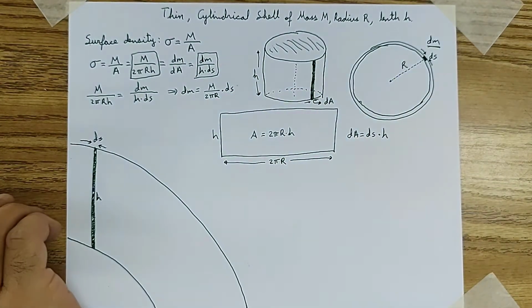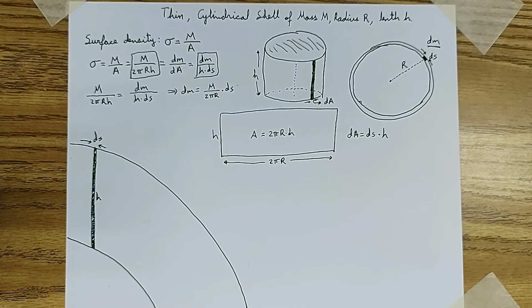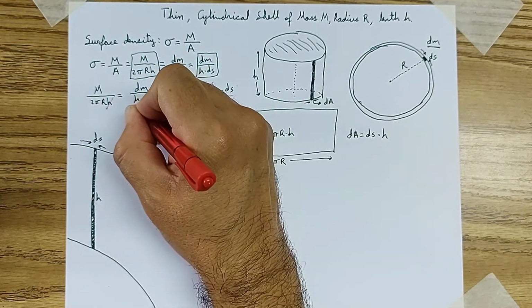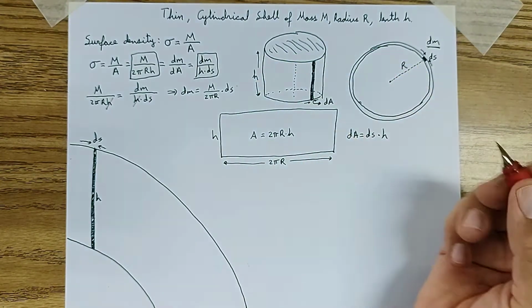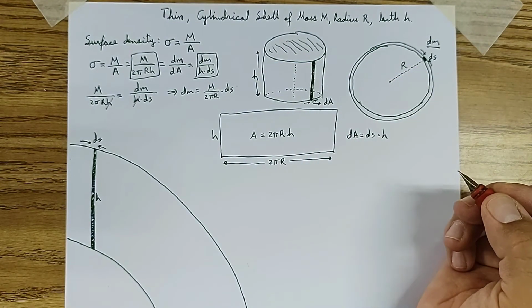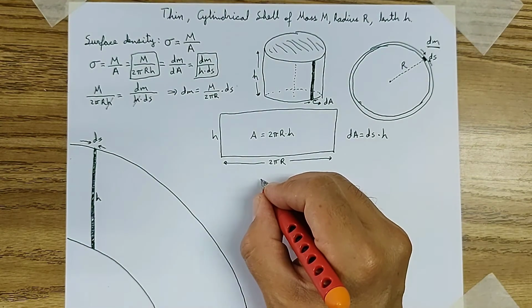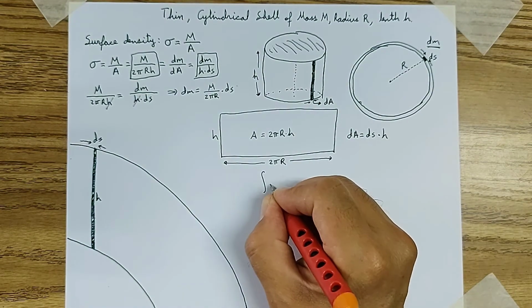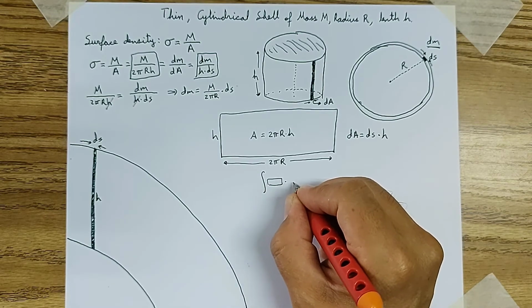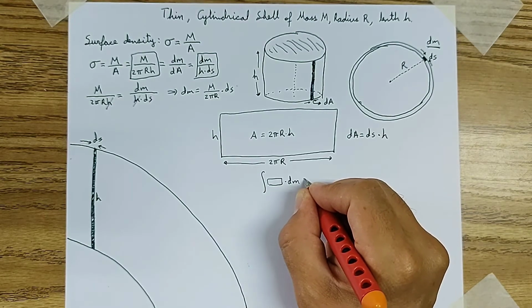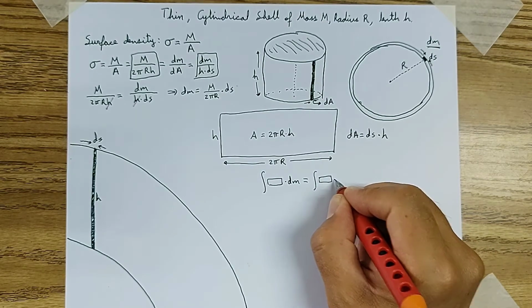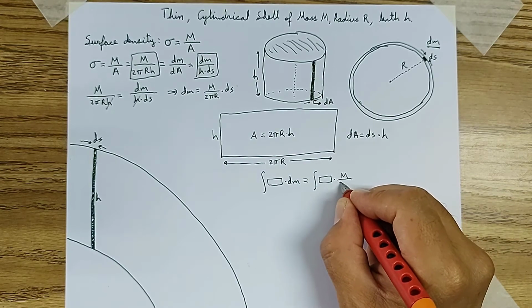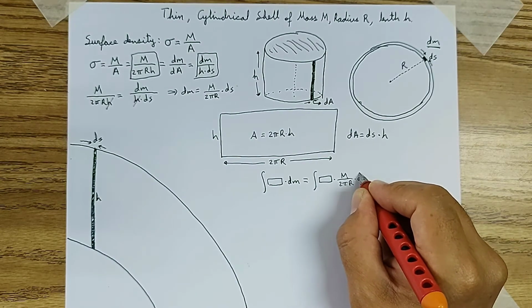Notice that the height h cancels out in this equation, which basically means that in our calculations we are not going to need to know how long the pipe or cylindrical shell is. In this case, if you want an integral of some function that depends on the mass differential dm, then you can substitute the integral of that function times total mass over 2 pi r ds.